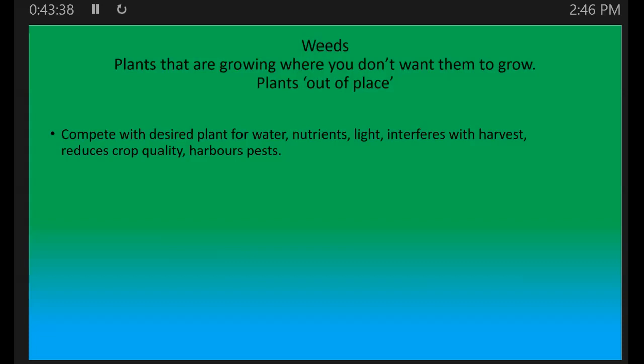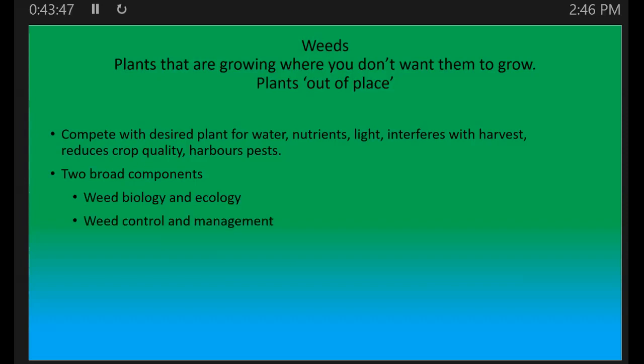It can also mess with the machines you use to harvest. So we have to understand their biology and ecology, and then understand ways to control and manage them. Those are the two big ways of approaching how we control weeds in commercial crop production.